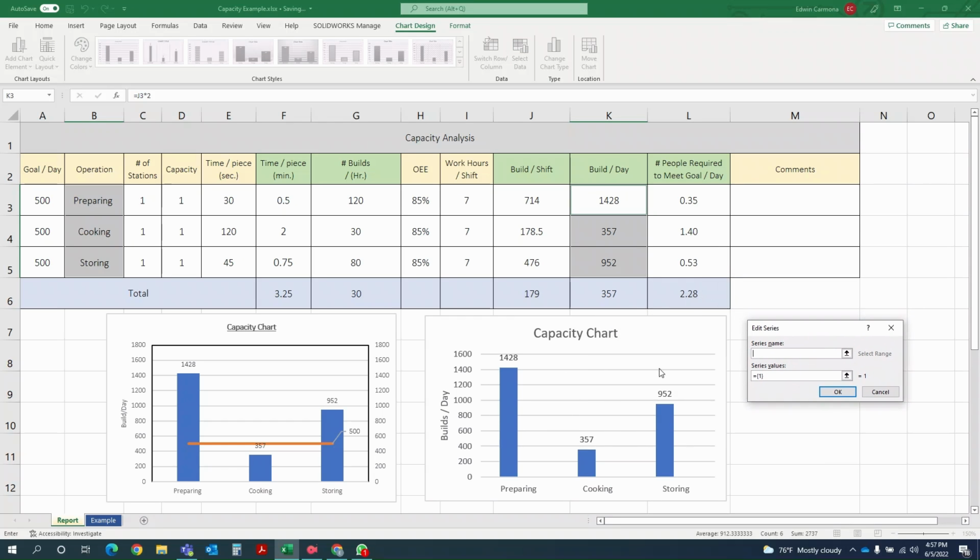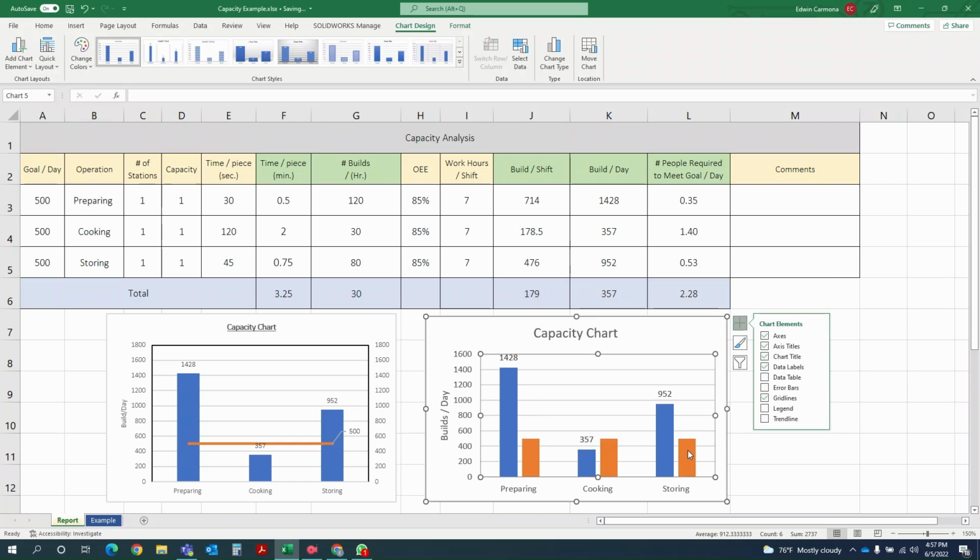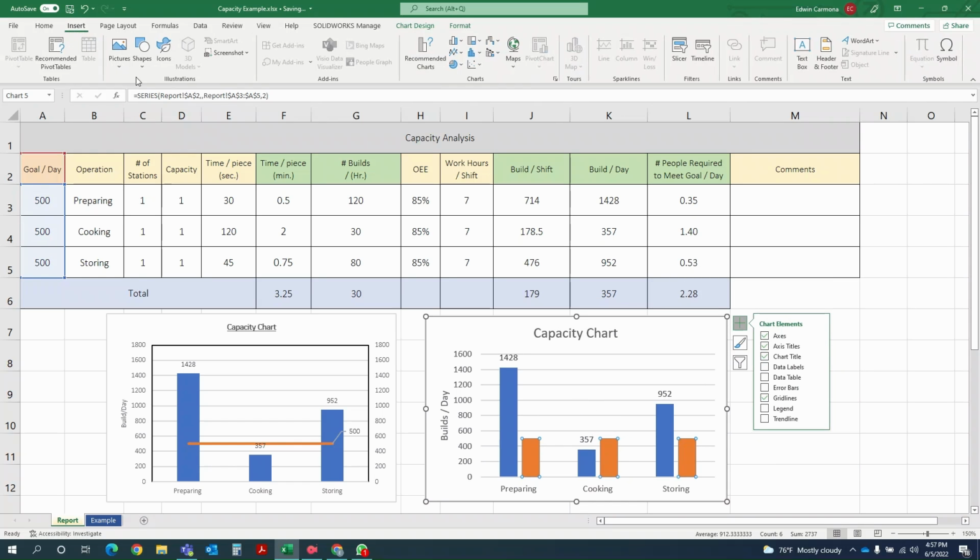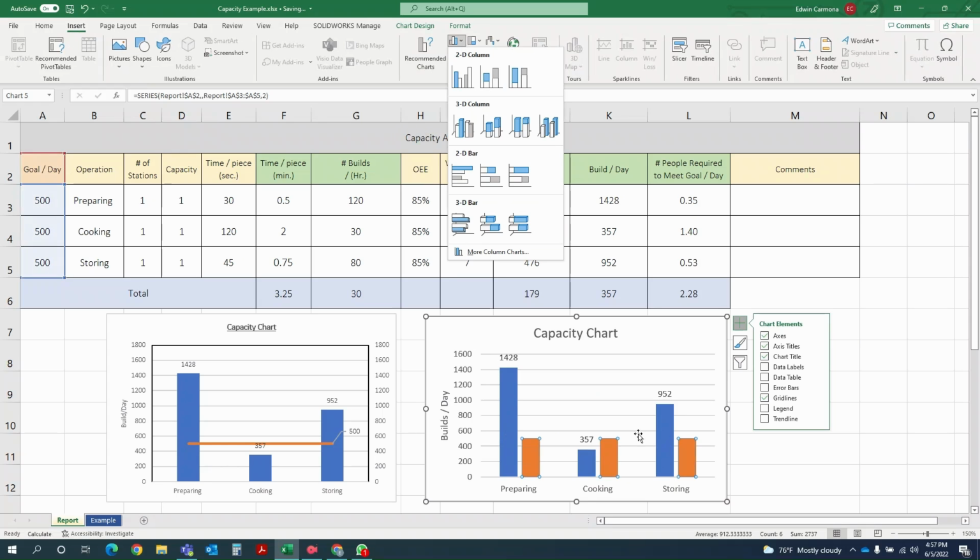What this does is it adds to this chart. So the series name is goal per day, and I'm just going to select these three right there. Right now it's coming up as essentially another histogram or bar chart.